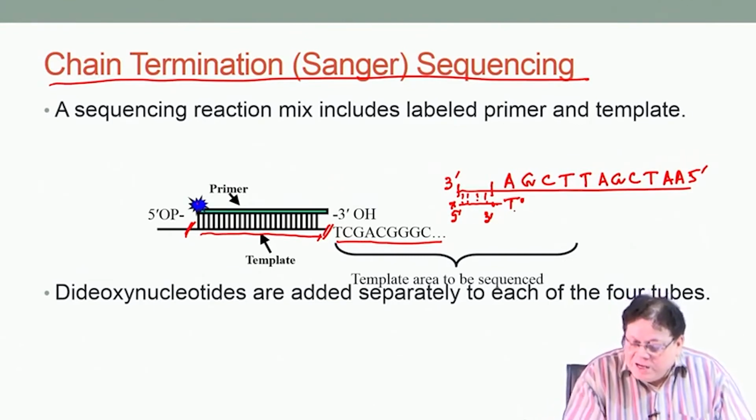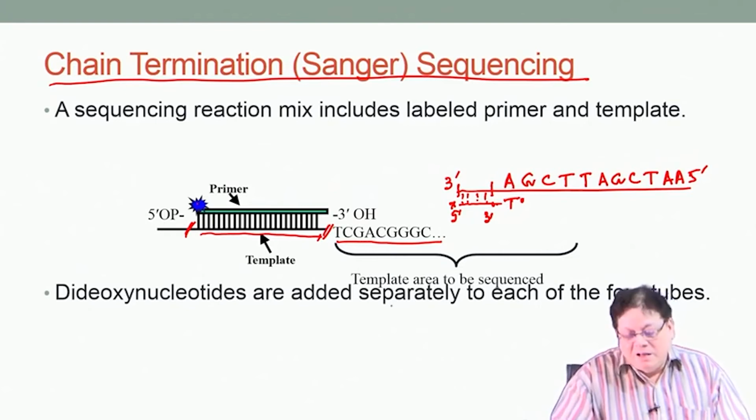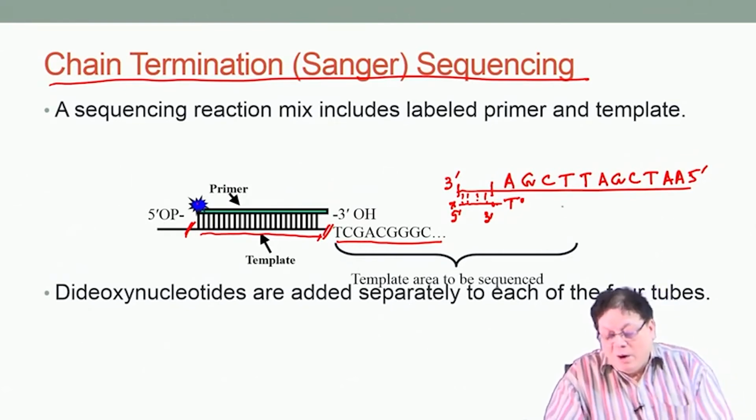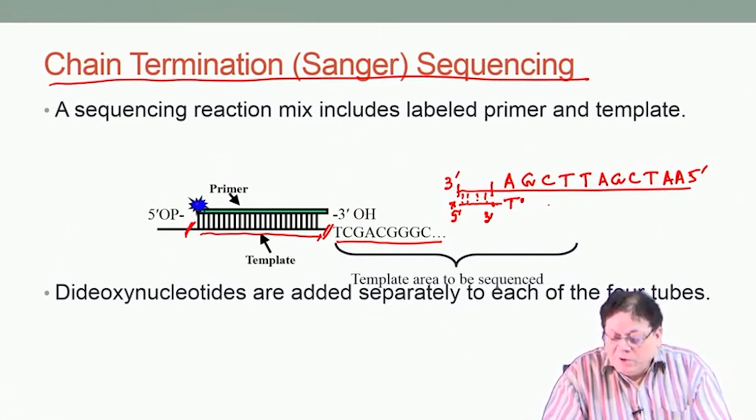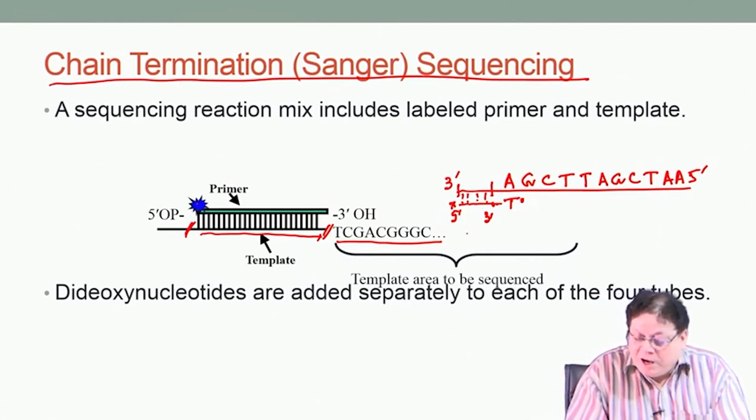Now, if the correct T is taken, that means the deoxy T, then what will happen?